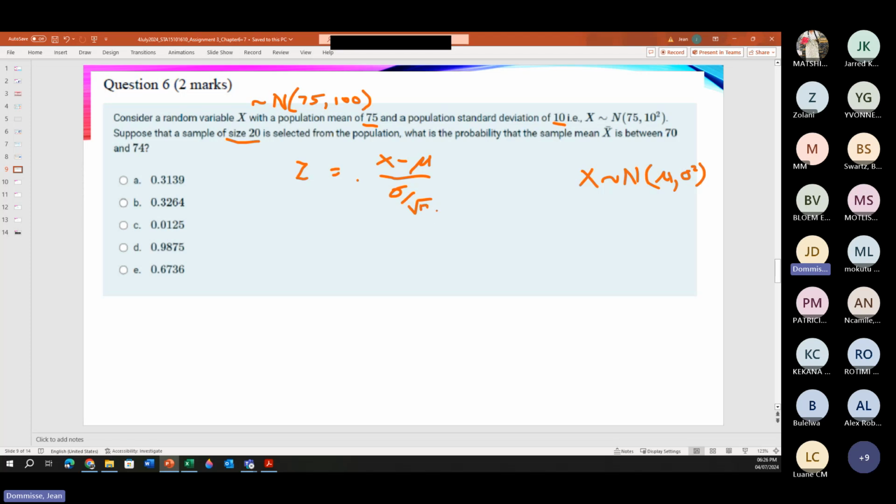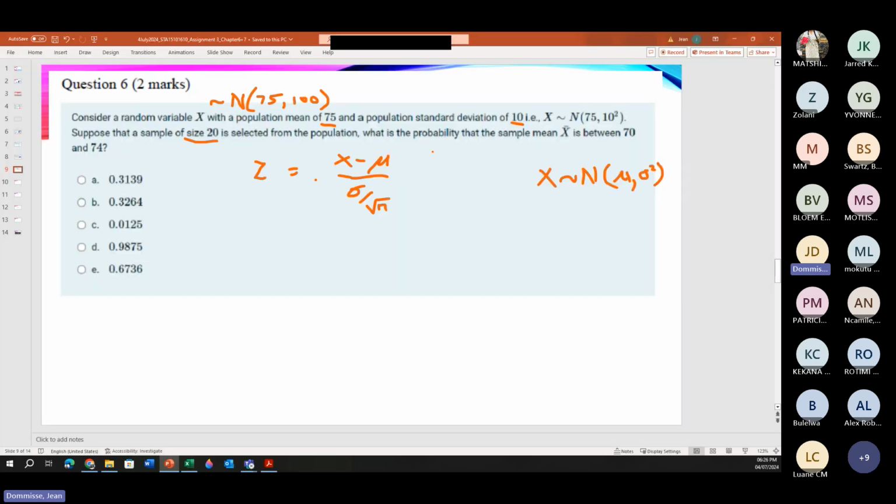Okay, and in this one, they ask us nearly something that they ask in the first question. So suppose that a sample of N is 20 is selected from a population. What is the probability that the sample mean X is between 70 and 74? Okay, so between 70 and 74.